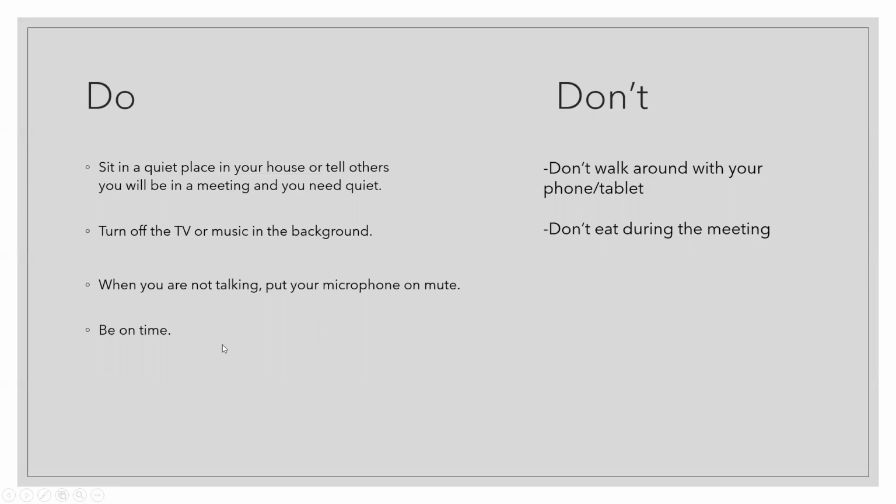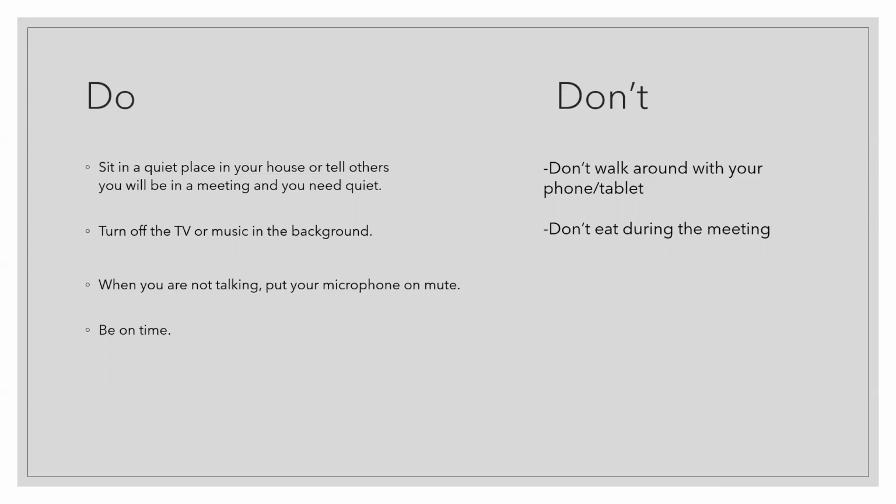Of course, not everyone has the ability to just tell people to be quiet, or to find a quiet place in the house because other people are not very far away.